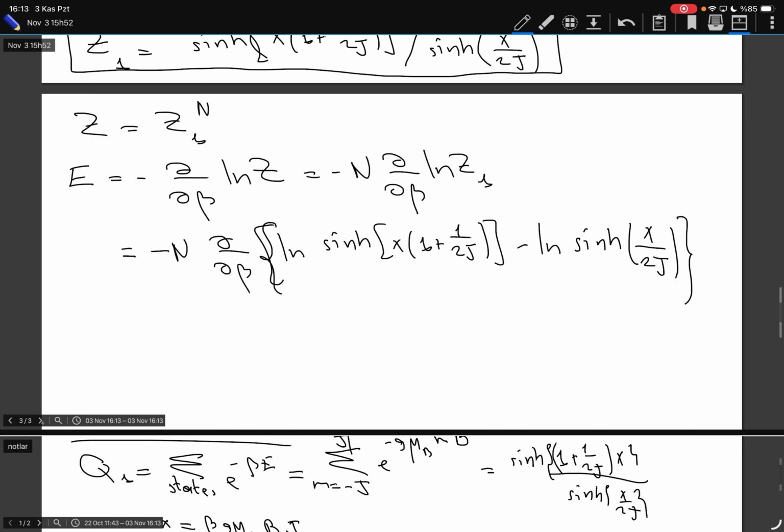The beta dependence is through x only. This is equal to minus n derivative with respect to x, which will give me, let's see, 1 plus 1 over 2j times cosine hyperbolic x, 1 plus 1 over 2j.